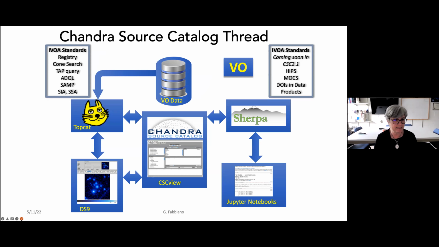source catalog. And if, for example, we start here, a user will use the Chandra data and we have interfaces where you can do that. Our catalog is a bit special as a catalog because it has tables of data of source properties, but it also gives data products.